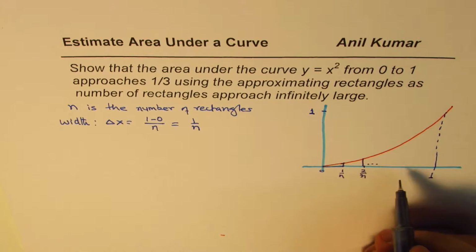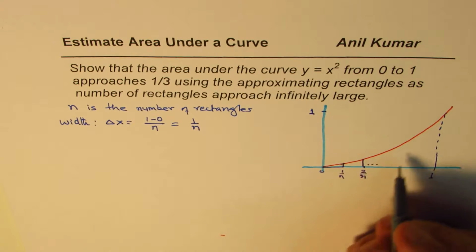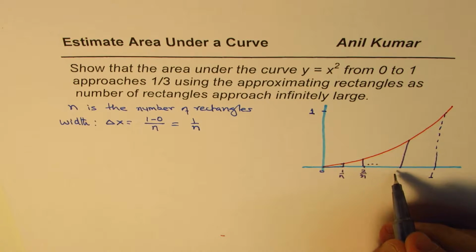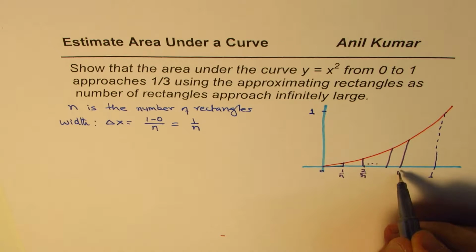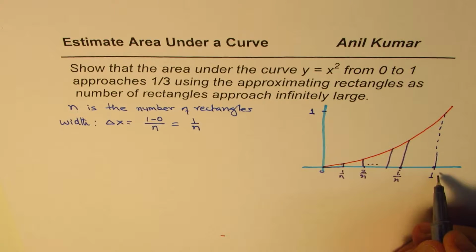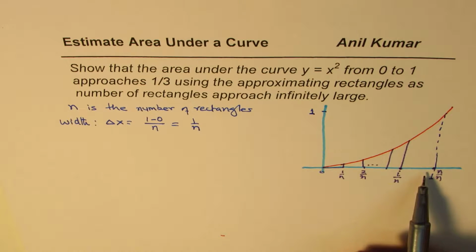Similarly, many will be there. So this is the second at 2 over n. Generally, we can say the ith rectangle will be right there. We'll call this i over n. At i over n, we'll have the ith rectangle, and the last, nth rectangle will be at n over n, which is 1. Do you see that? So like this, we'll have a number of rectangles.